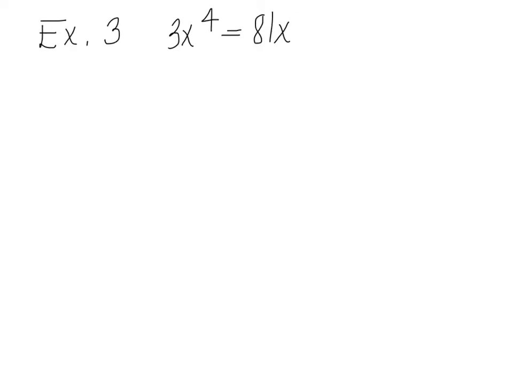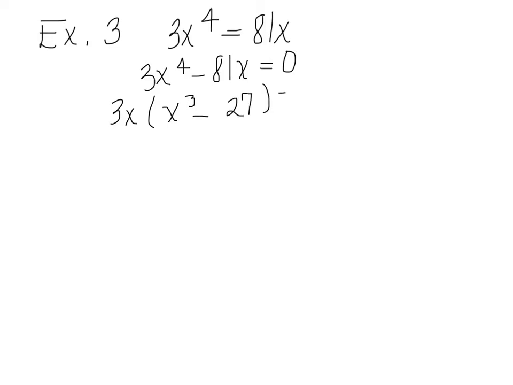Okay, and I'll do one more. You want to set this equal to 0. I'm going to factor out a 3x, and that leaves me with x cubed minus 27. And then this is SOPs. So first you uncube it.